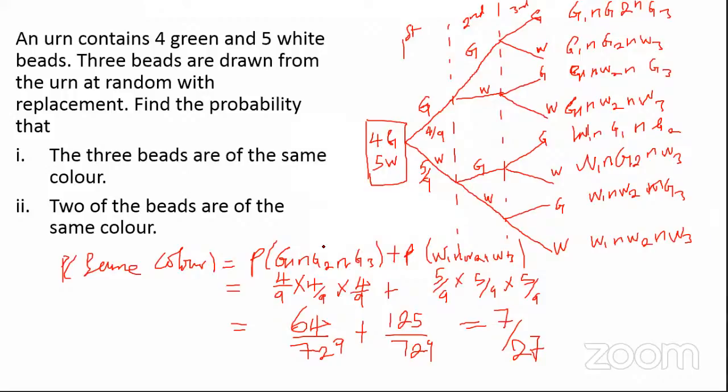But after you have drawn your tree diagram, you have stated that the probability that the beads are of the same color is equal to G1 intersection G2 intersection G3 plus, then you have substituted here. They know you have a scientific calculator, so you can enter all these values at once, and it gives you 7 out of 27. That will help you save time, because the challenge with paper 2 is always time and your calculator.